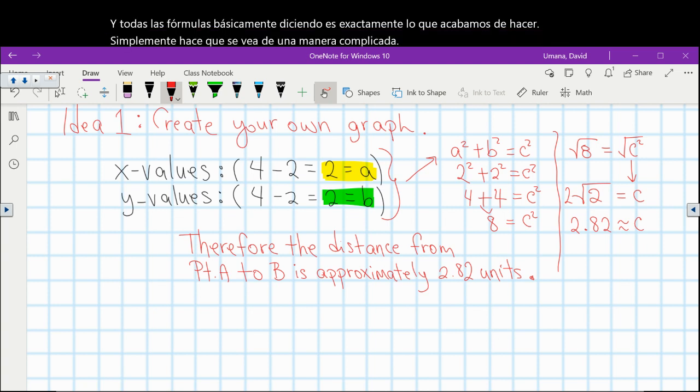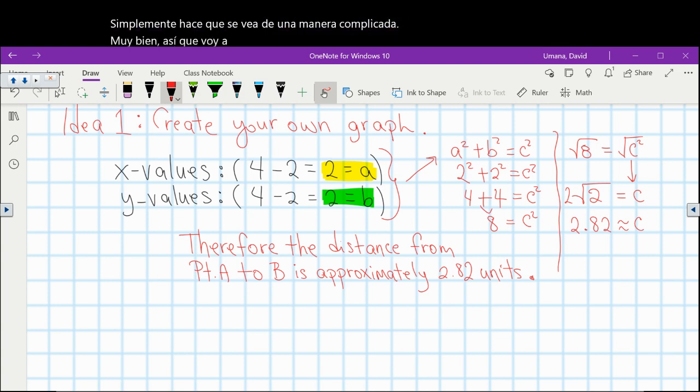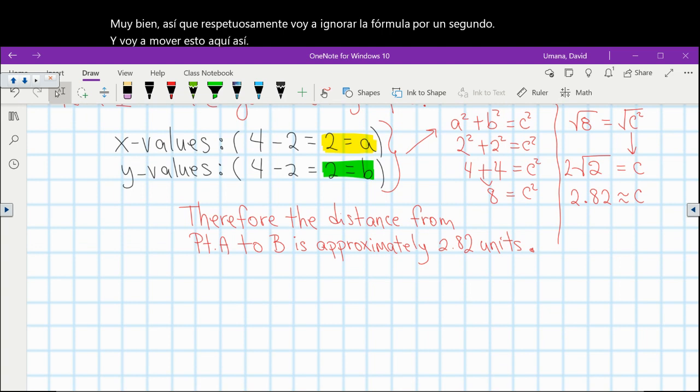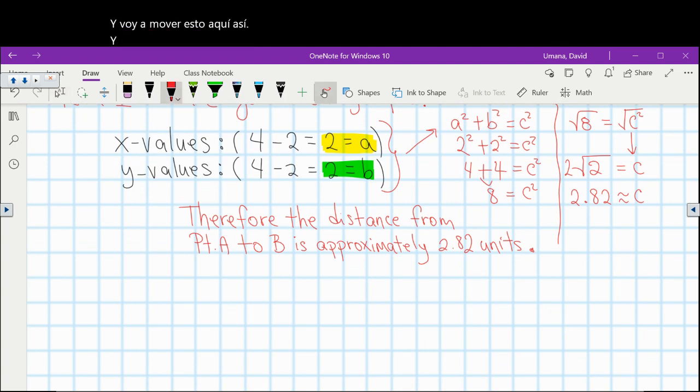All right, so I'm going to respectfully just kind of ignore the formula for a second. And I'm going to move this here like this. And I'll move it more in a second.